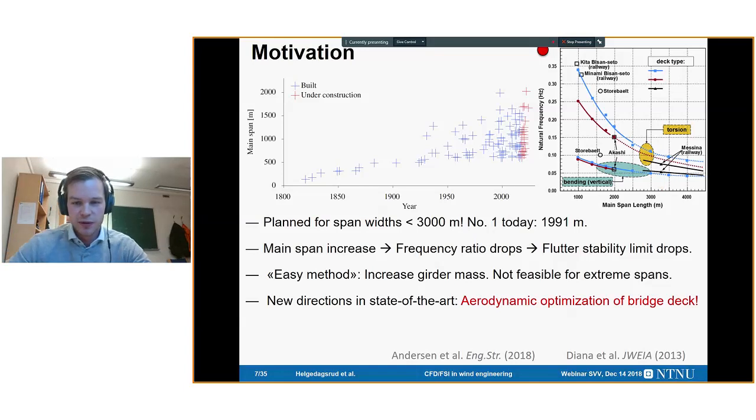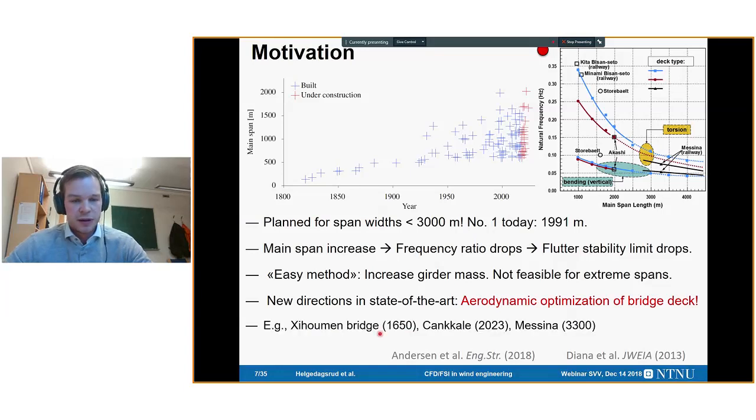I think that is the way to go for the new super long span bridges. It has already been used for a couple of existing ones, this Chinese one and the Turkish one under construction. So we are facing bridges with extensive optimization of the aerodynamics.